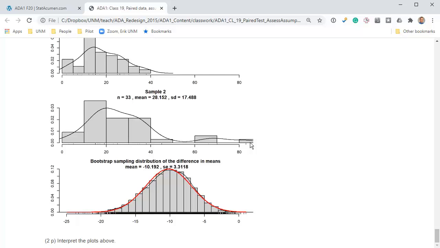Checking model assumptions, I will say, is a really key point of emphasis for me. The only way that you can trust the inference from a statistical test is if the model assumptions are met.